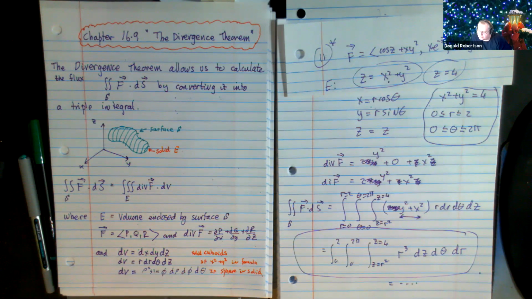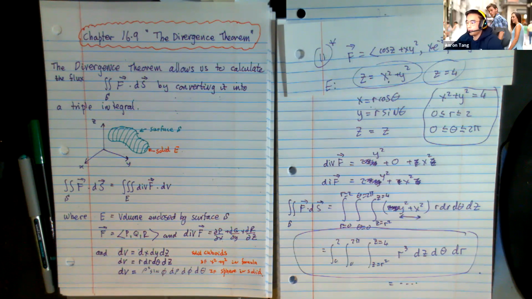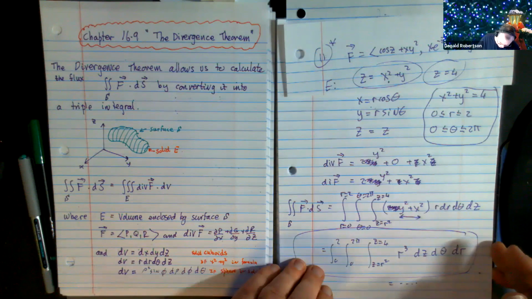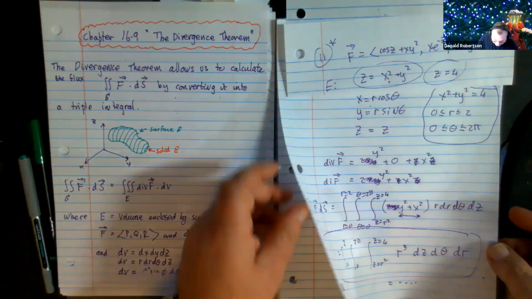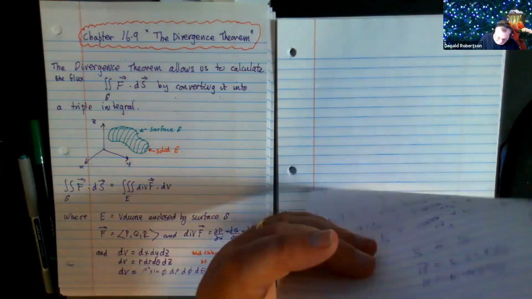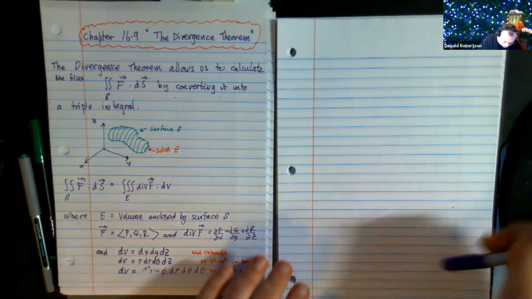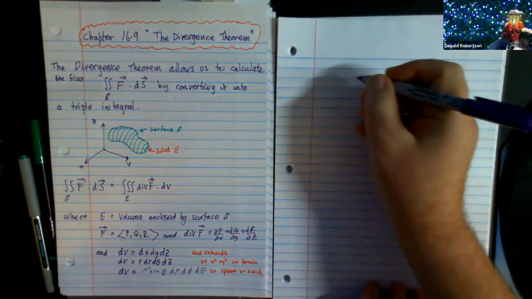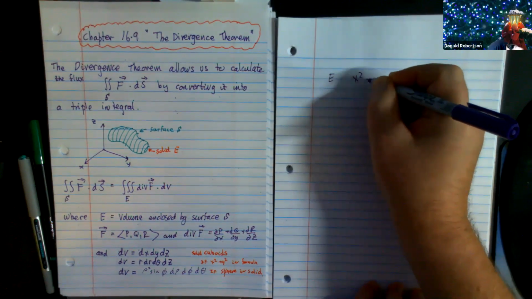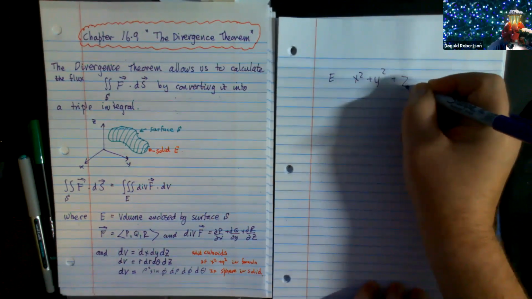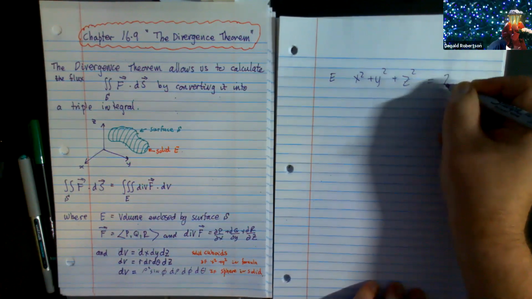Are we good? Yeah. Any questions? Are we good? Right. I haven't done a polar, but I definitely will do that tomorrow. But can you imagine you have an E and it's x squared plus y squared plus z squared equals 25.